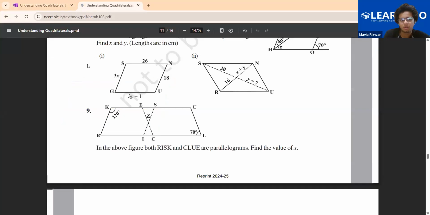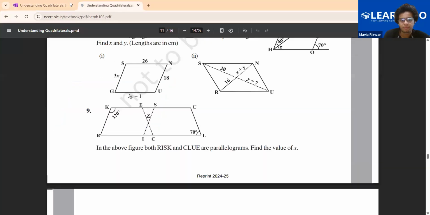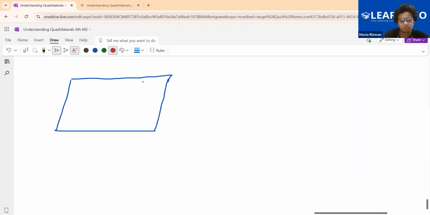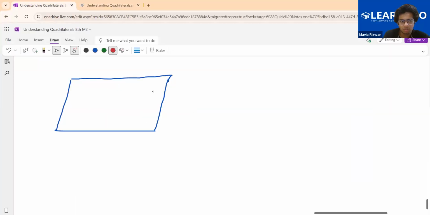Okay, make the parallelogram RISK and make the parallelogram CLUE like this.